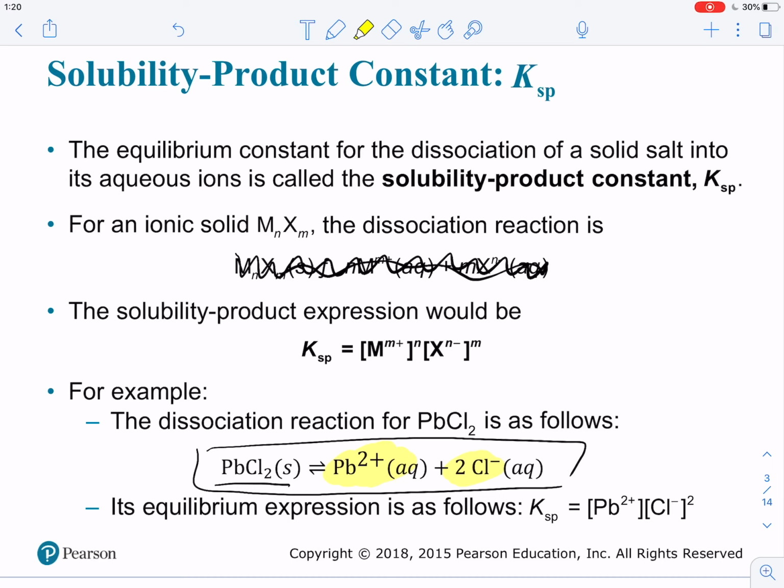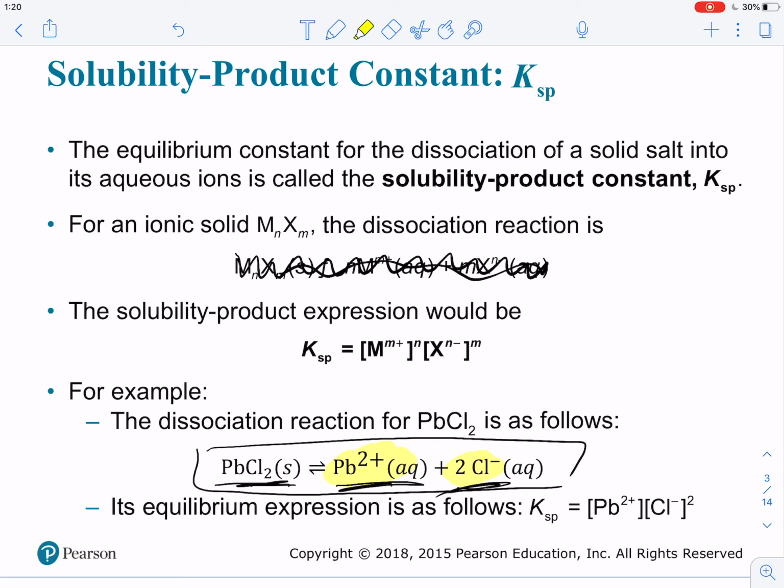Okay? Any amount of that substance that is dissolved in water will be present as the ions. Now, if we apply the concept of chemical equilibrium here, these two are dissolved, right? And this is a solid, it's a pure substance. Therefore, it will not be considered in the equilibrium constant.